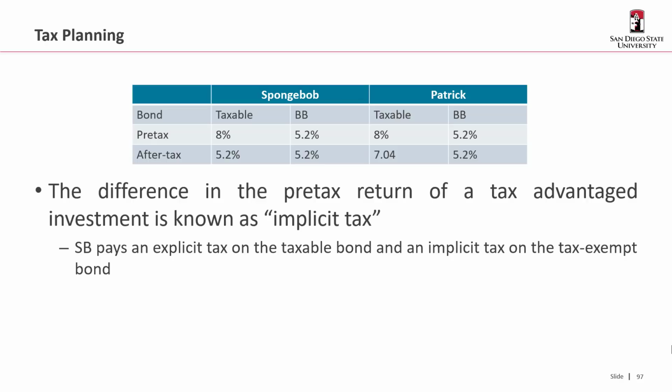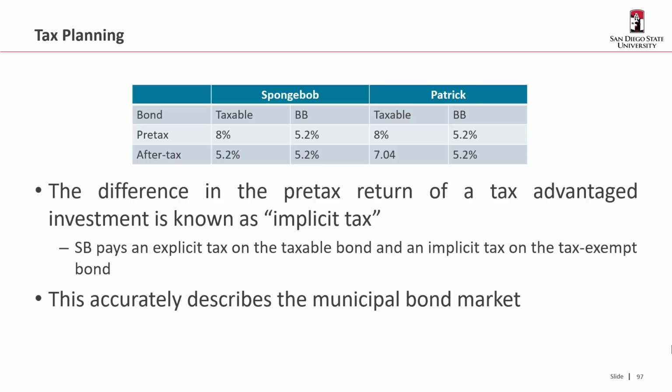Whereas, of course, he is indifferent in the after-tax rate because they share the tax equivalent yield. So what's happened is an implicit tax has been applied to SpongeBob's Bikini Bottom investment. By lowering that pre-tax return, SpongeBob is paying a tax. It's just implicit in the return on the bond as opposed to an explicit tax that he pays by writing a check to the government.